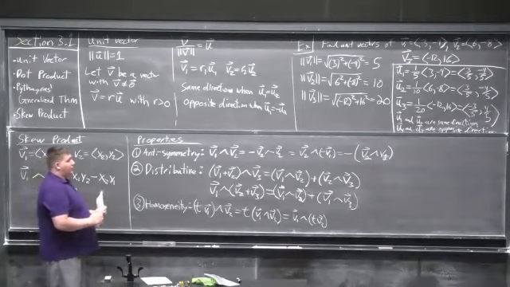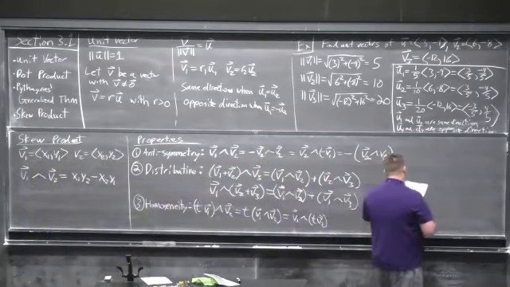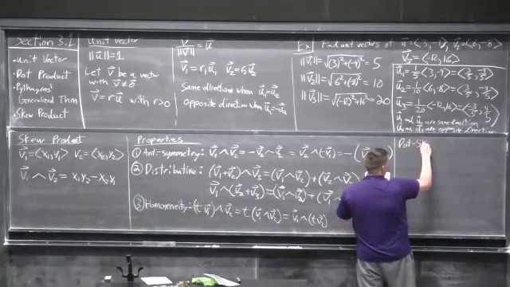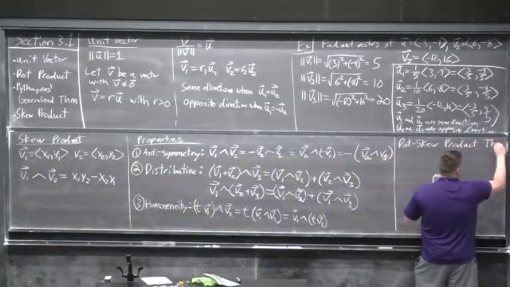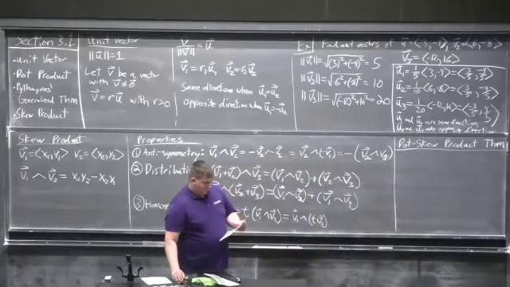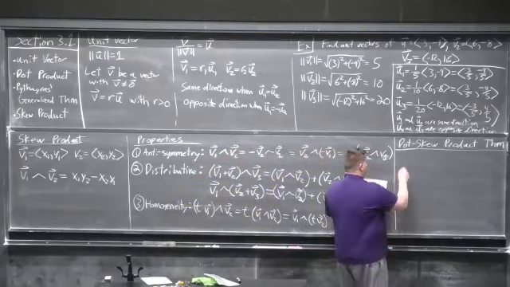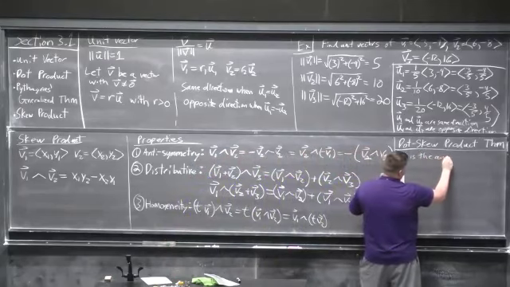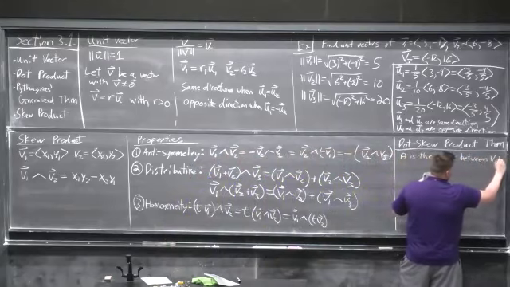With this, we get what's known as the dot skew product theorem. What we can do for this one is say that theta is the angle between V1 and V2.